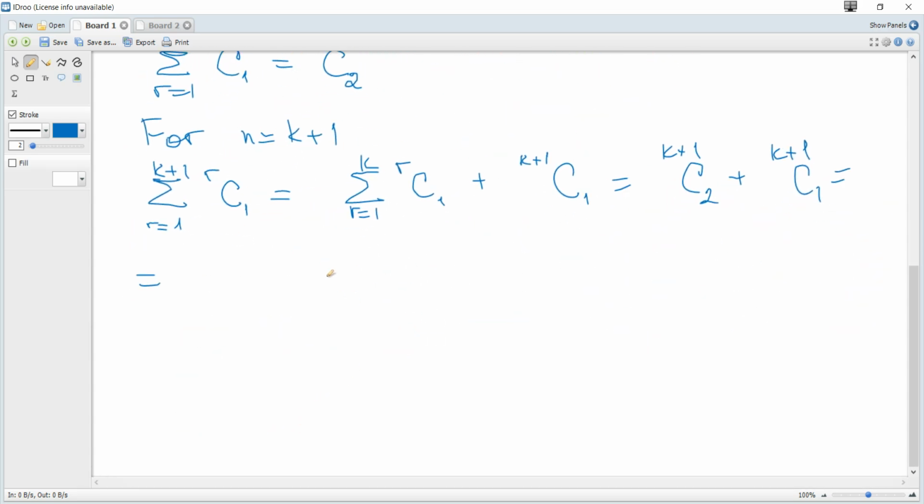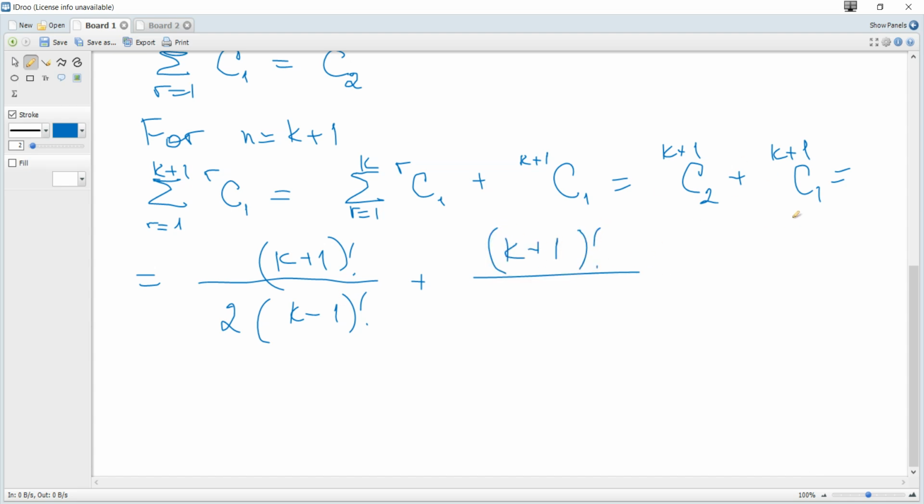I remember this formula, so it becomes the larger factorial, k plus 1 factorial, the smaller factorial, it's 2 factorial, which is just 2, because it's 1 multiplied by 2, and larger minus smaller, so k plus 1 minus 2 factorial, which is k minus 1 factorial, plus k plus 1 factorial divided by 1 factorial, which is 1, and the larger minus the smaller, k plus 1 minus 1 factorial.